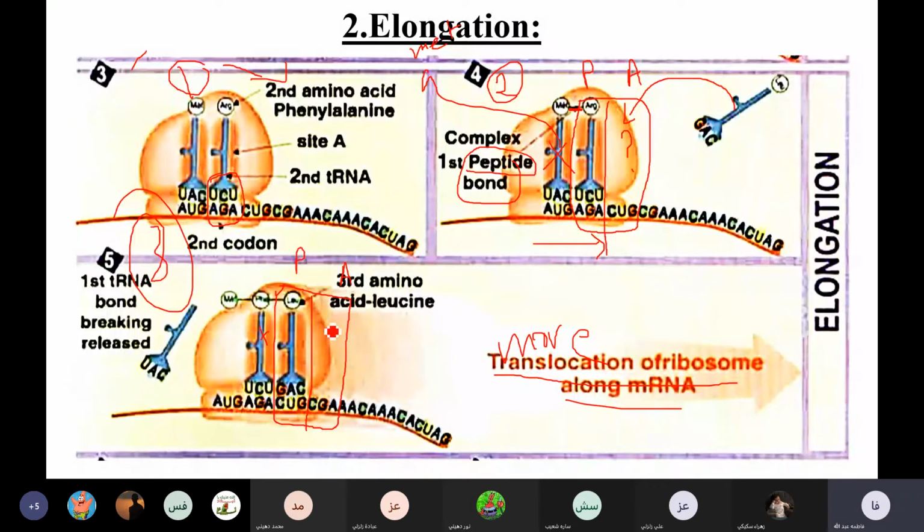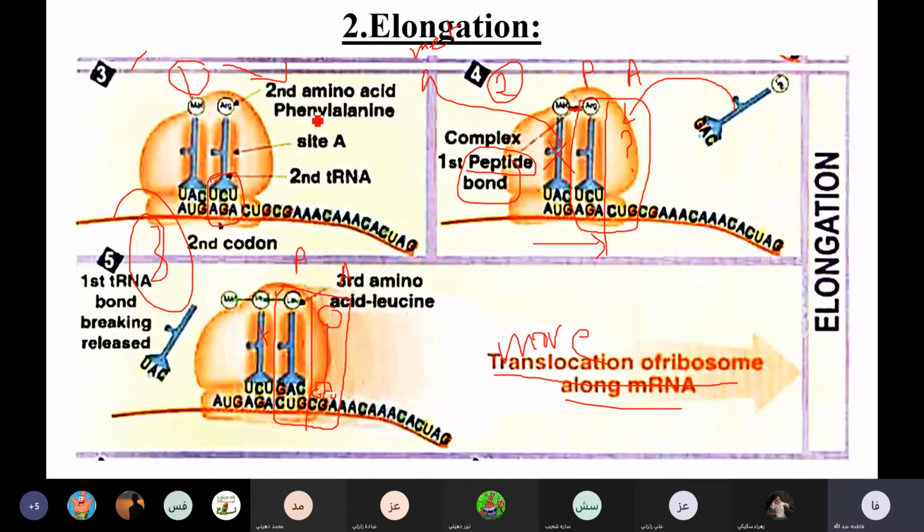Another transfer RNA specific for CGA, with anticodon GCU, carrying an amino acid on its top, will bind to the messenger RNA in the A site. Now the P site is occupied and the A site is occupied.